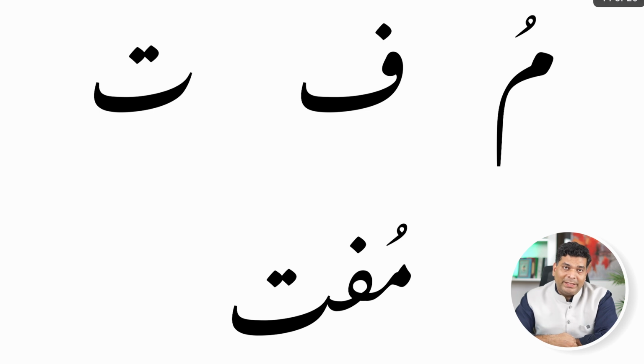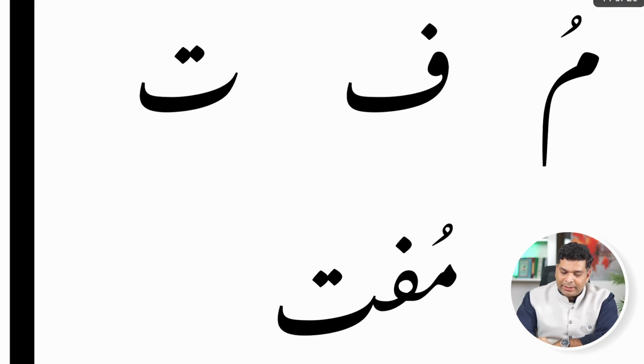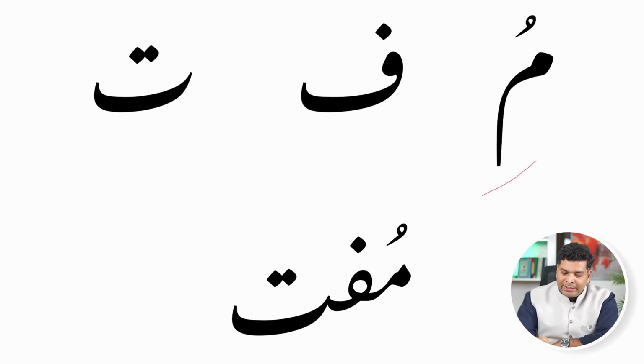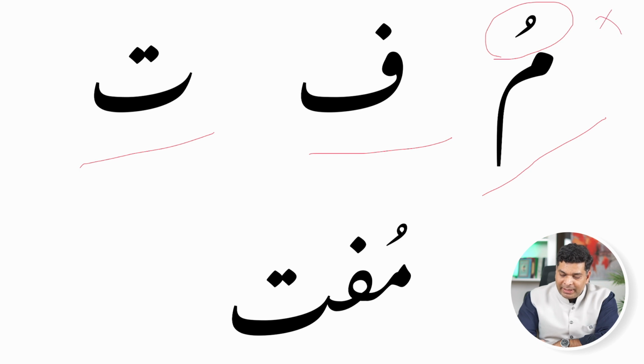In this one, if you see on the screen, this has meme, and we have fe, and we have te. On top of meme, I have put a pesh, which gives it the sound of mu. If I had not done it, I would by default have read it as ma, and this could have become maft.